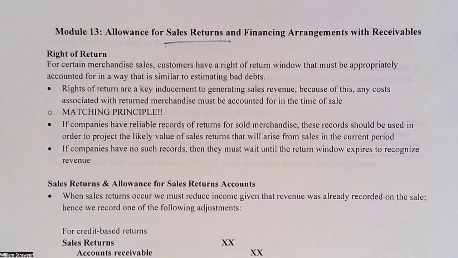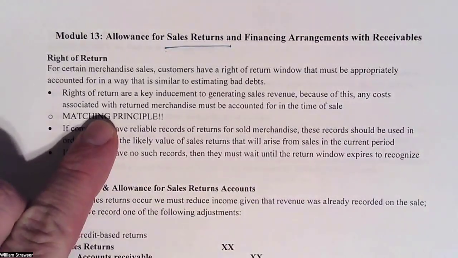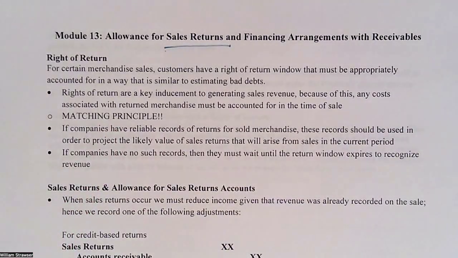Any amount of revenues that are generated during the period, we have to match by the matching principle all costs associated with generating that sales revenue. And let's be honest, right? A return is a key inducement to me personally buying a piece of merchandise. If I know I can take this back, I'm much more likely to buy it in the first place.